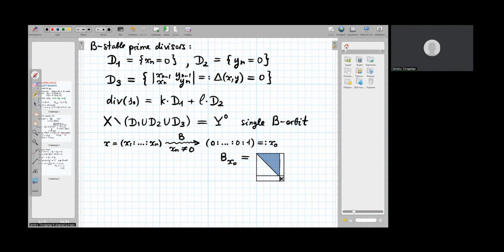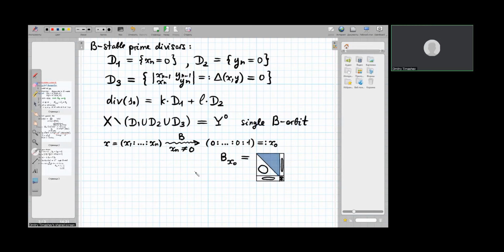You have zeros, of course, here, and you have zeros in the last column, except for the last entry, and you have zeros in the last row, except for the last entry. So this is the shape of the upper triangular matrices which stabilize this point x0.